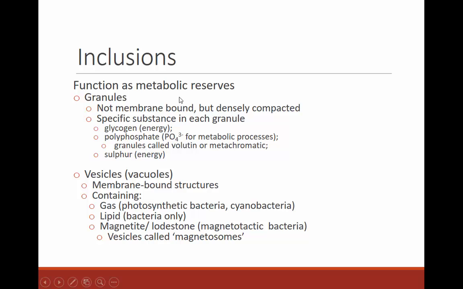So those reserves can be either granules or vesicles, and the granules aren't bound by a membrane, whereas the vesicles are. Now, some of these vesicles, some of the bacteria can store other types of things.